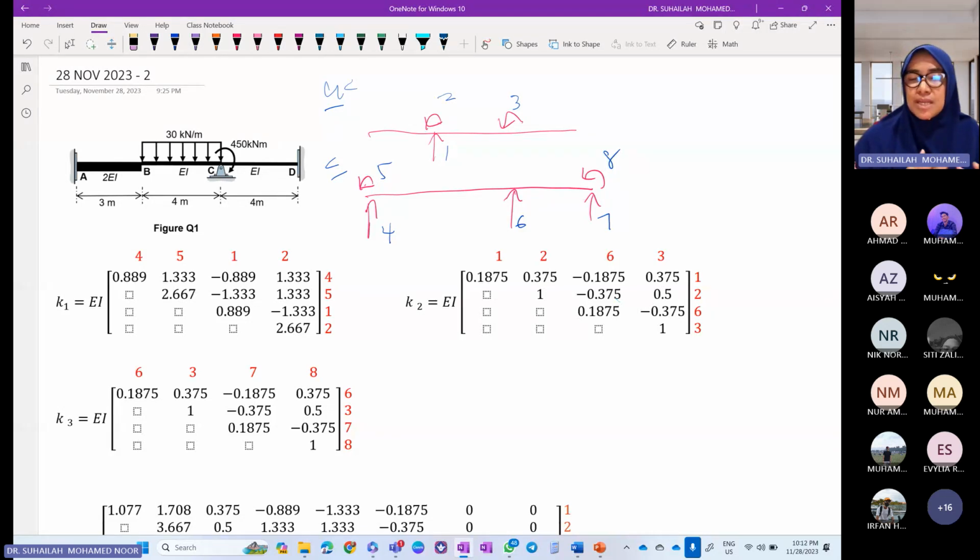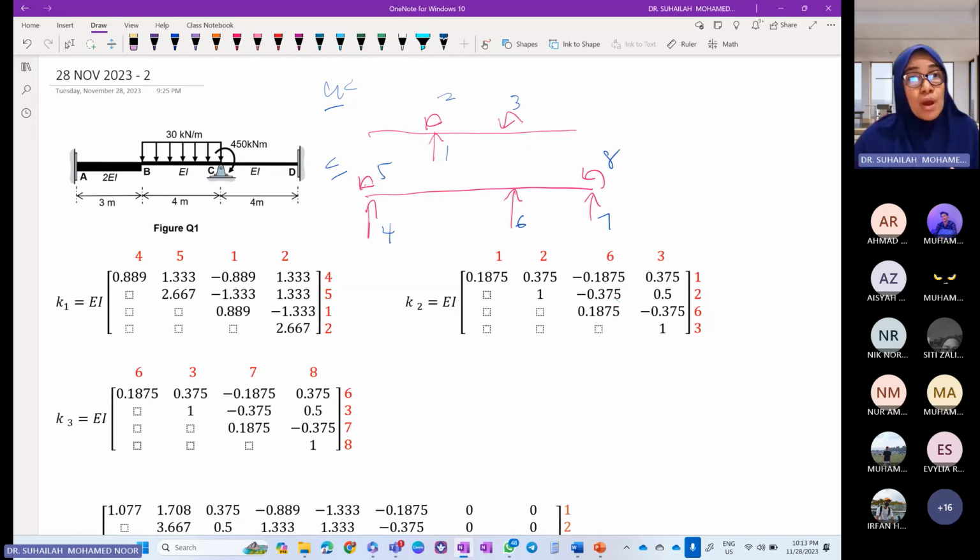The change in cross section means we have to put a node there, and C is also declared as a node because of the pin support. So in total, there are 4 nodes. Node A because of the end of the structure and support. B because of the change in cross section.